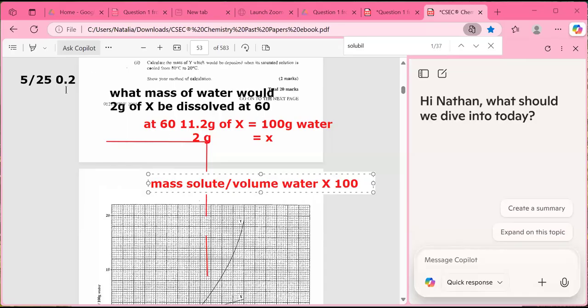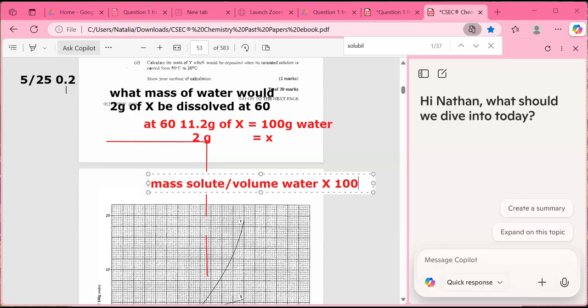When you cross multiply, it would be 2 times 100 equals 11.2x. We want to get x by itself, so we divide 2 times 100 by 11.2.